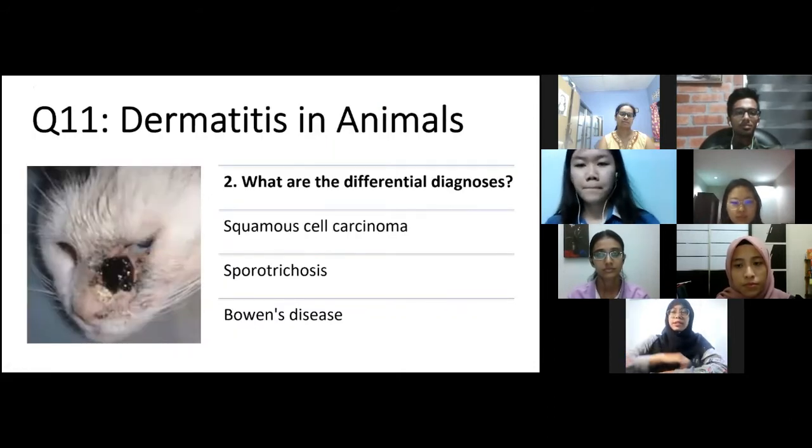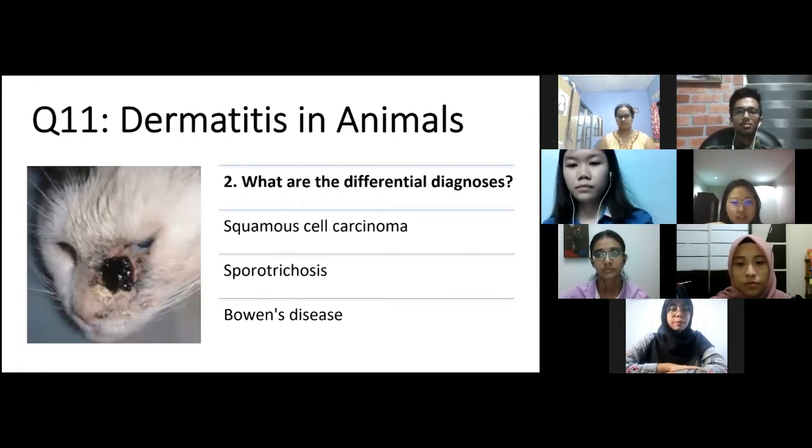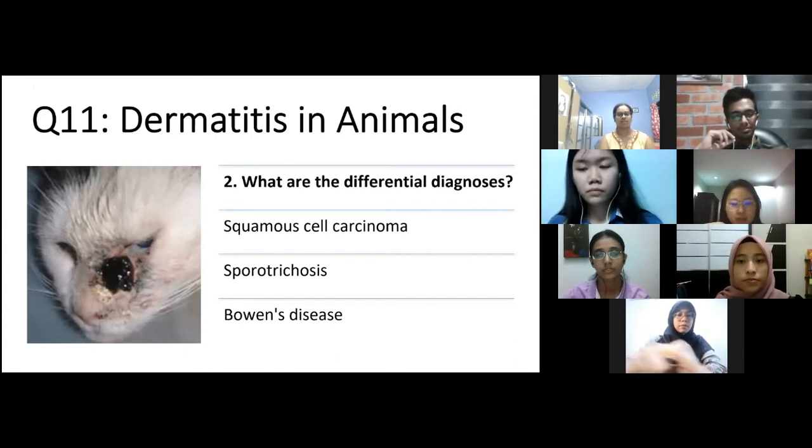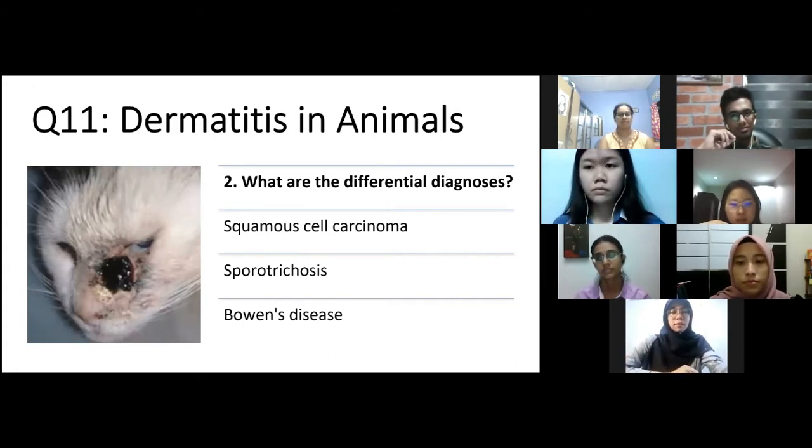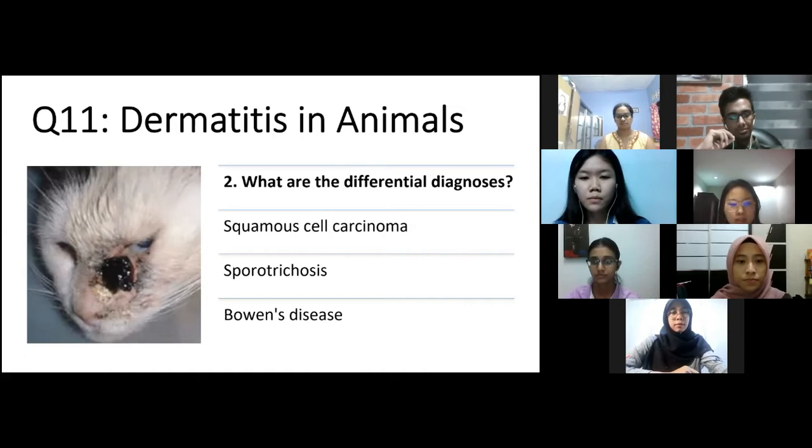Okay, moving on to the next question, which is differential diagnosis. So me and Shazrin will discuss the differential diagnosis. First, we suspect it is a squamous cell carcinoma because the lesion is shown on the nose and the corner of the eyes, and they are all squamous cells. Besides that, white and light colored cats are more likely to get these tumors.